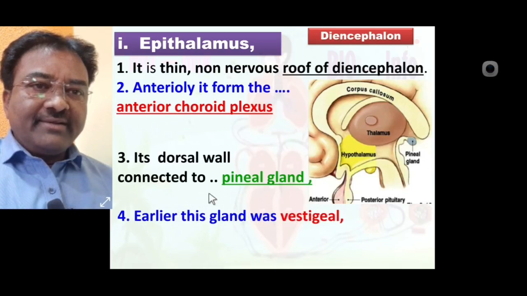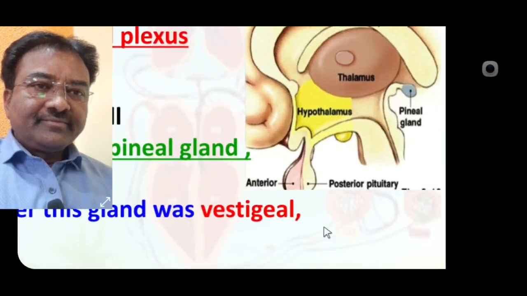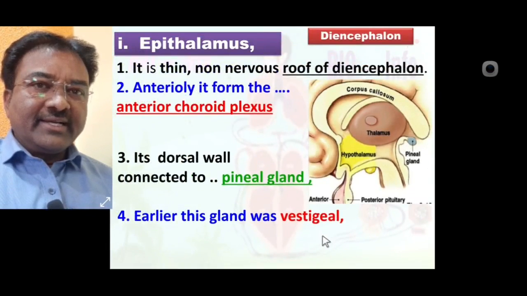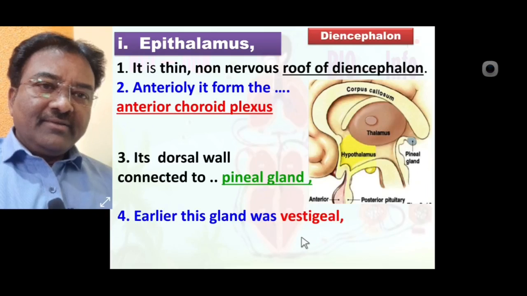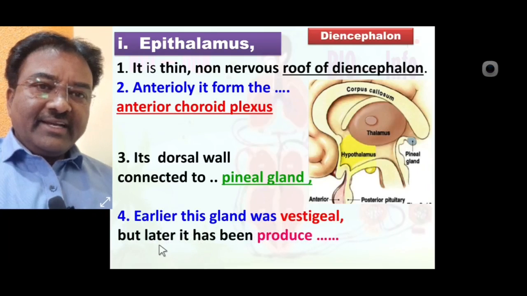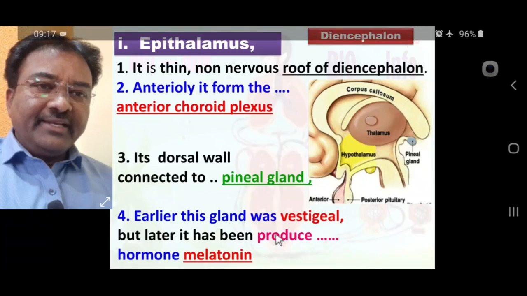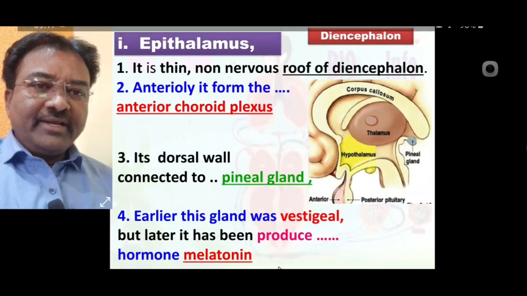Earlier this gland was vestigial because it was not secreting any hormone, but later on it has been found to produce the hormone melatonin.